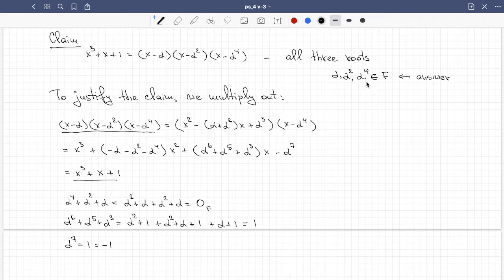I did not really calculate anything about the root. I don't know the root and I don't know the other roots. I don't know whether they are all three equal or all three different or whatever happens there. What I know is that if alpha is a root, then this polynomial factors this way.